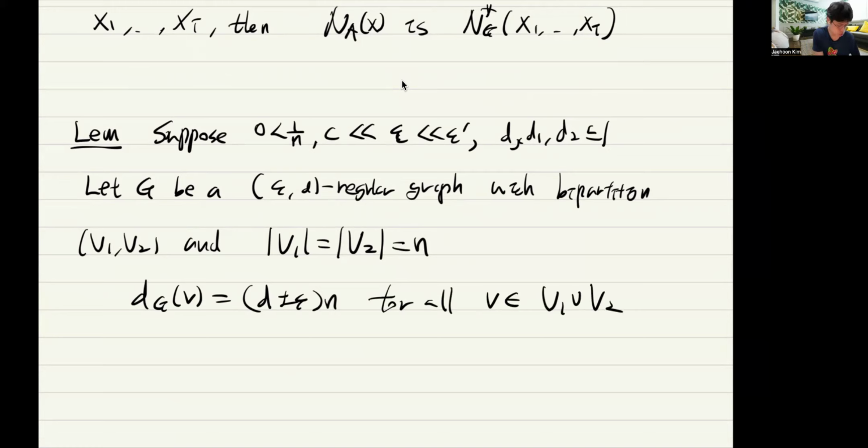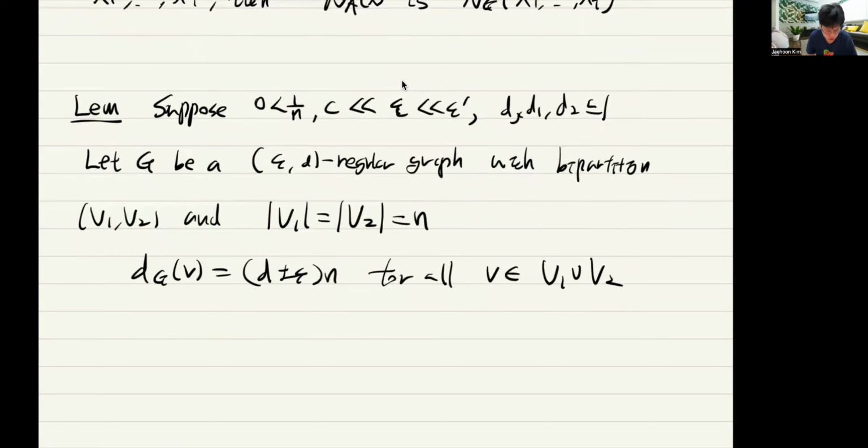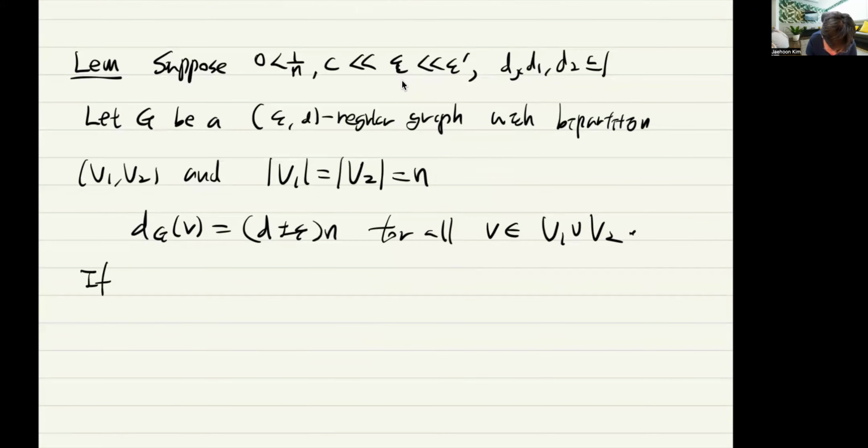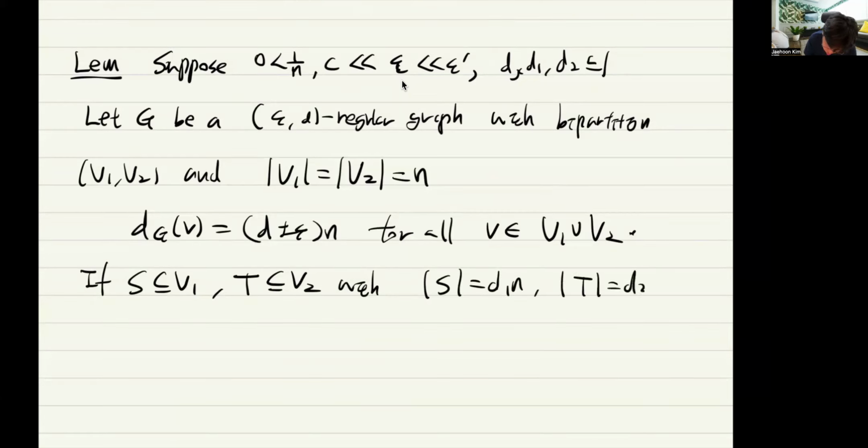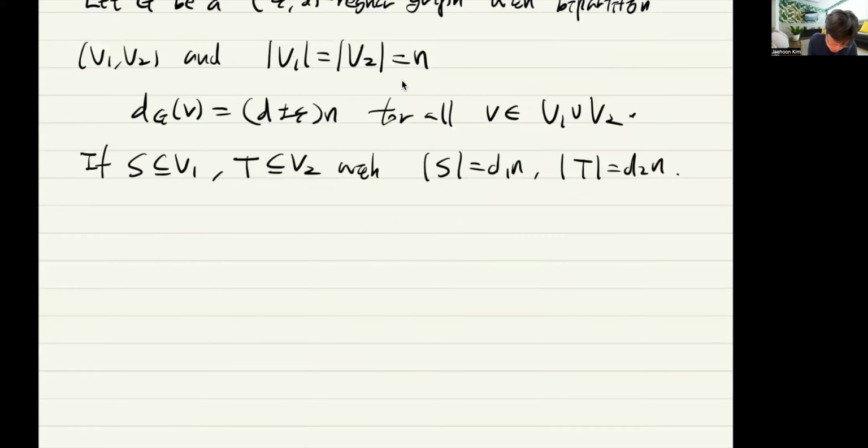So we also assume the upper bound. Then what happens is that if F is a subset of V1 and T is a subset of V2 with sizes exactly d1 n and d2 n, meaning that these are not too small. These d1 and d2 are not too small, and epsilon is much smaller, so these are much bigger than epsilon.